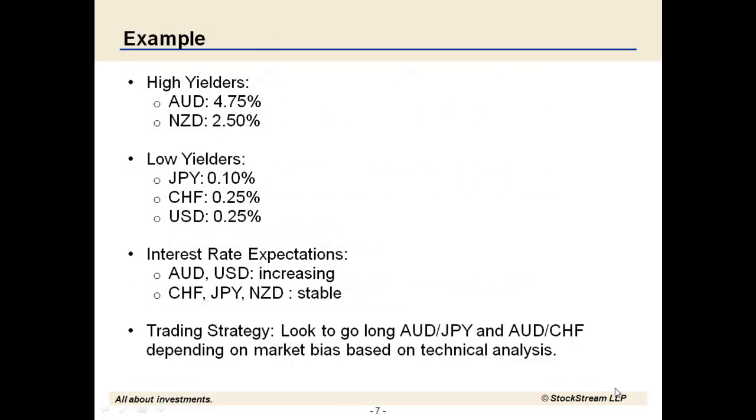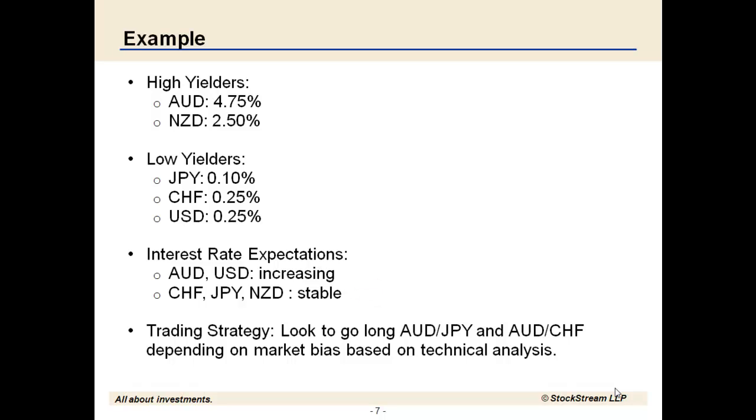For example, based on the current interest rates, the Australian dollar and New Zealand dollar are among the highest yielding currencies, while the Japanese yen, Swiss franc, and the US dollar are among the lowest yielders. The expectation that the central bank will increase interest rates over the coming months is increasing for the AUD and USD, and is stable for the Swiss franc, New Zealand dollar, and Japanese yen.